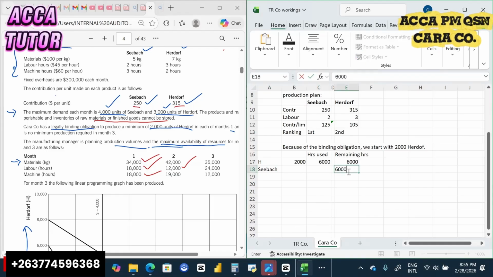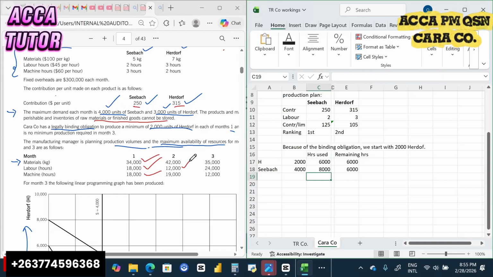Remember, we need to see if we still have got something. Sometimes if we simply say, let us pick the full 4,000 units of C batch, let us try. 4,000 multiplied by how many hours per unit? That's 2 hours. So you see that we would use 8,000, but we are left with only 6,000. So it's impossible, right?